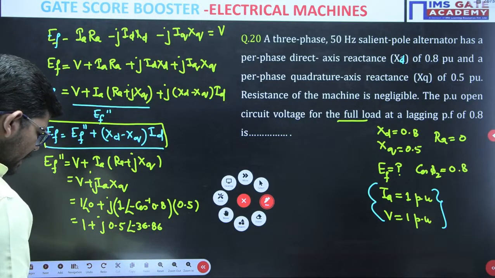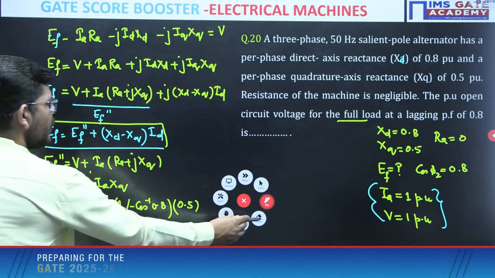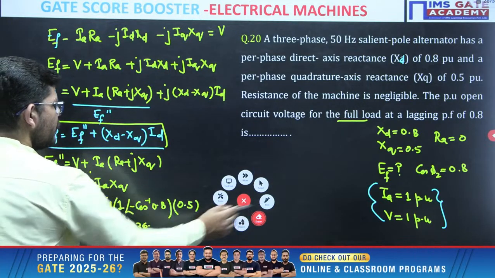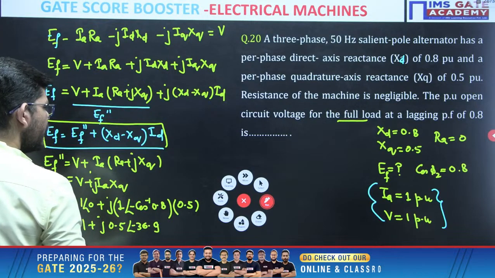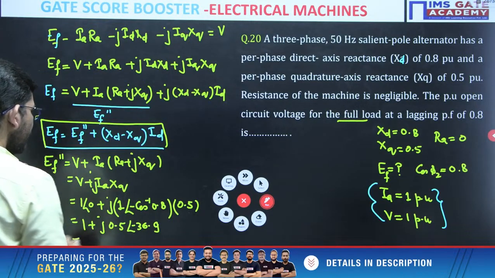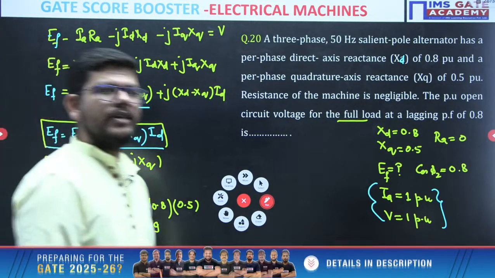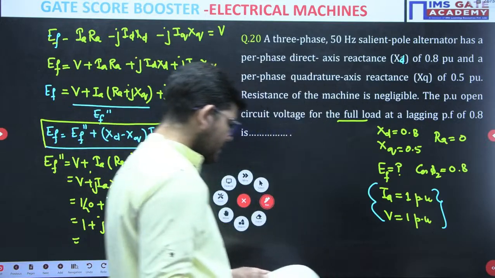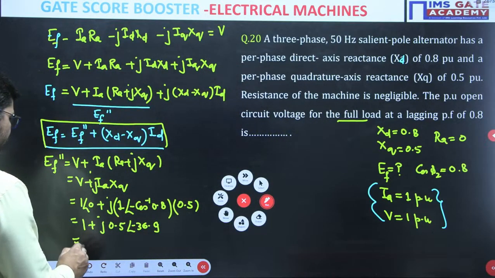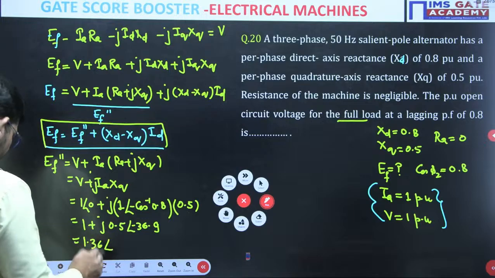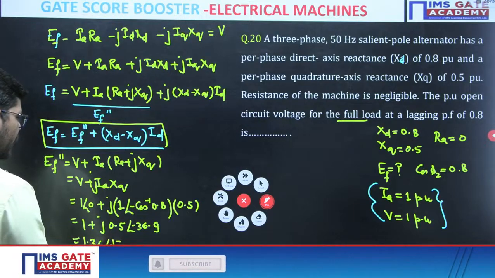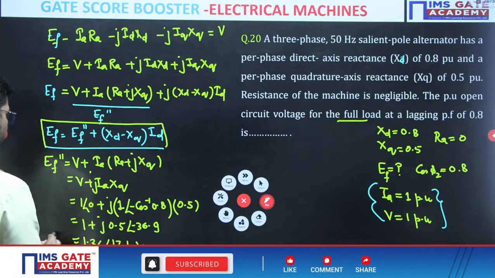If power factor is 0.8, phi value will be 36.9, right? Then when you solve it, EF double dash comes to about 1.36 at angle 17.1. Just follow the process that I am doing, okay?